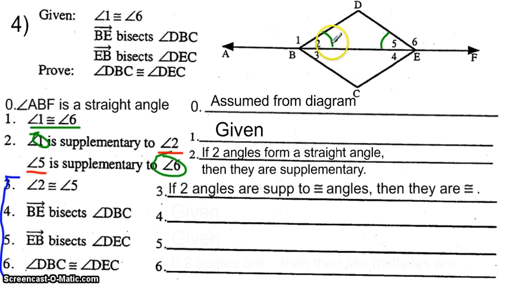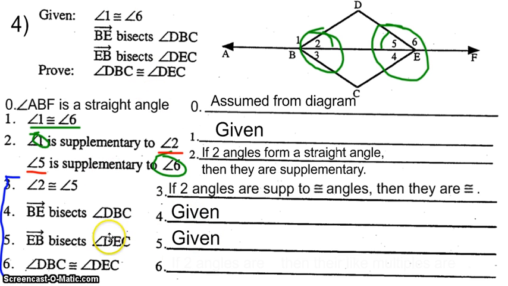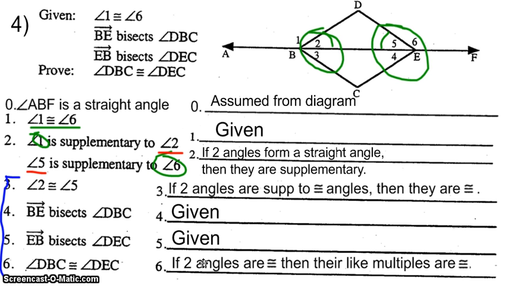We have a double use of bisect for each side, and then we're trying to say that the larger angles of DBC and DEC are congruent. So because we're going from smaller to larger with our double use of bisect, we can say if two angles are congruent, then their like multiples are congruent.